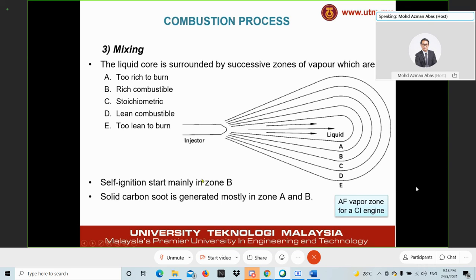So self-ignition starts mainly in zone B, which is rich combustible. Solid carbon soot is generated mostly in zones A and B, because A is too rich, so there are unburned fuels which create solid carbon soot.